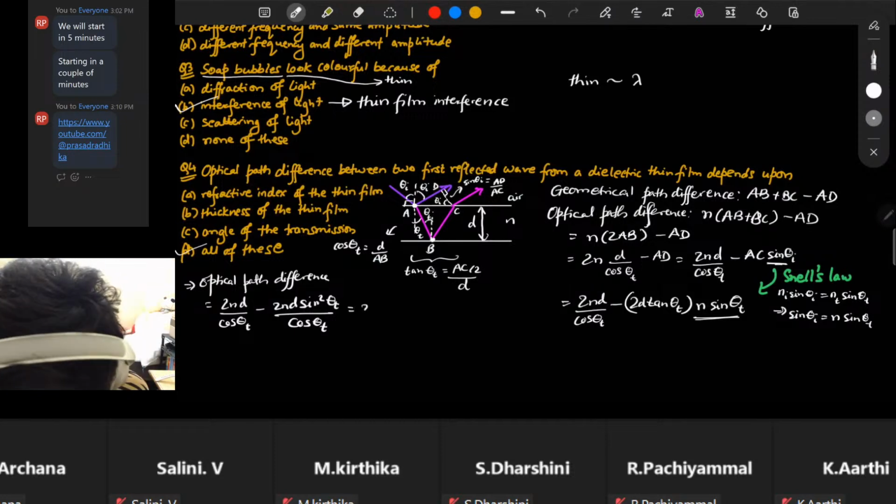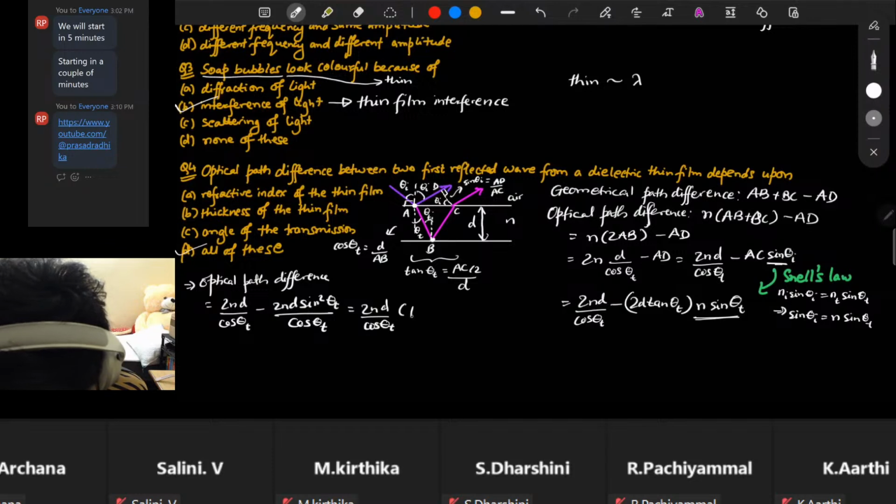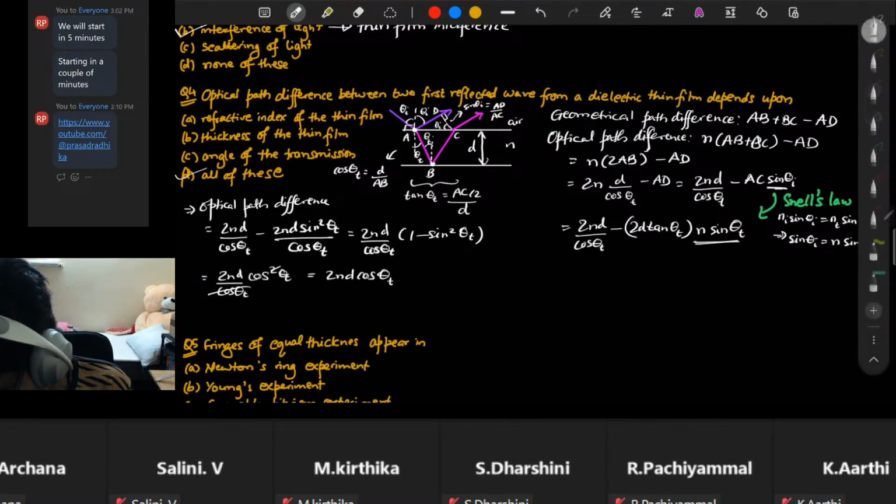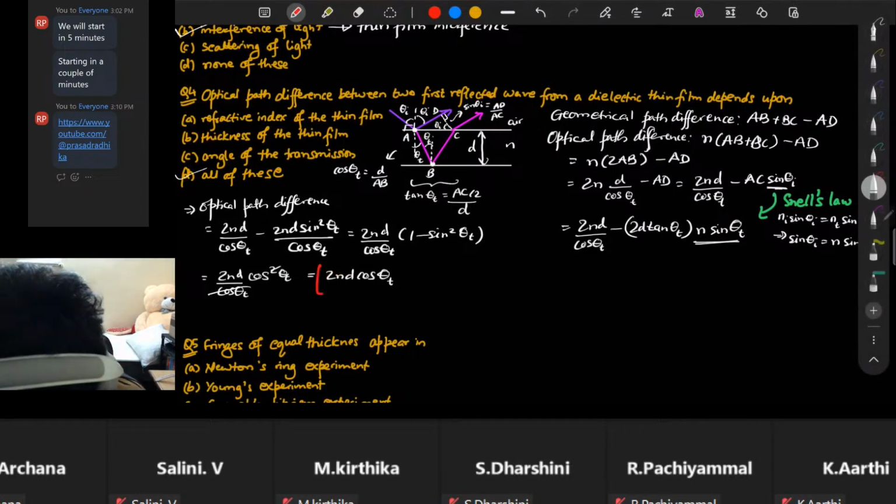So 2ND over cos theta T is common, times 1 minus sin squared theta T. And 1 minus sin squared theta is nothing but cos squared theta T. So this cancels, and this gives you 2ND cos theta T. This is the optical path difference.